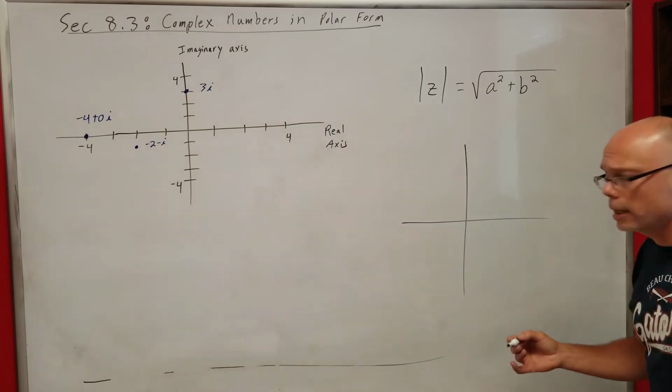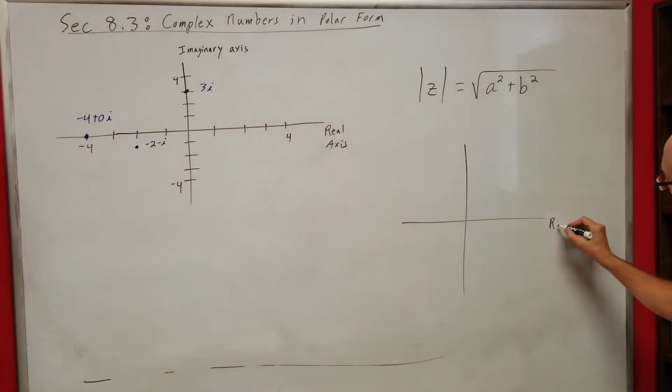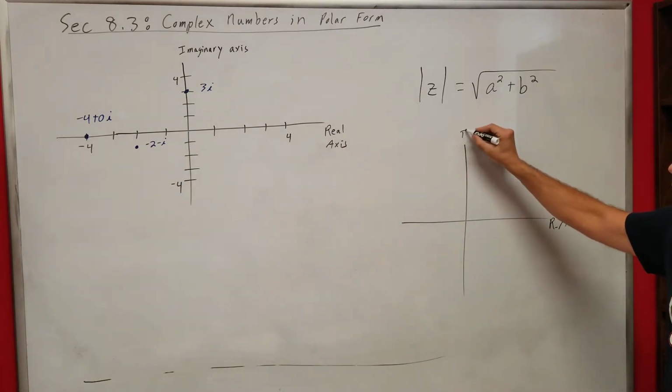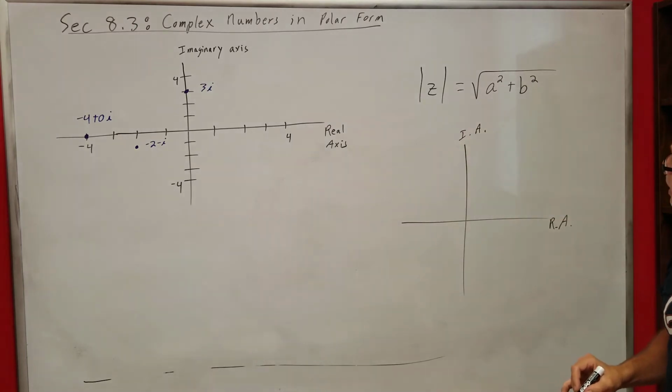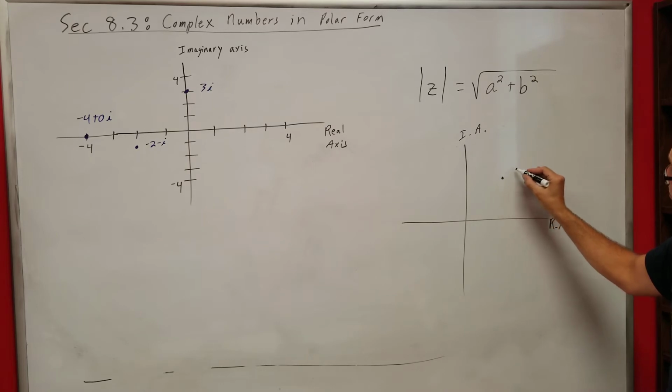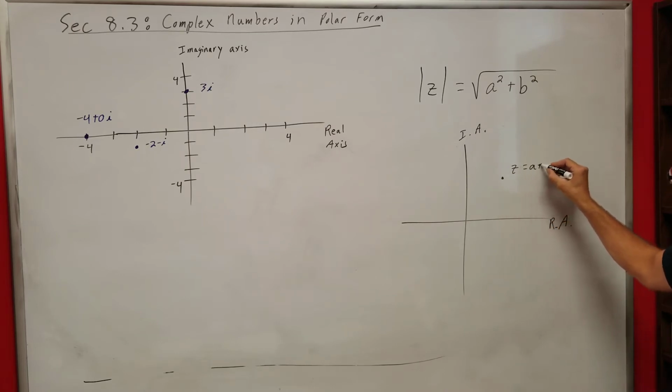They're basically saying, suppose I have a real axis and an imaginary axis here, and then I have some point over here, z is equal to a plus bi.